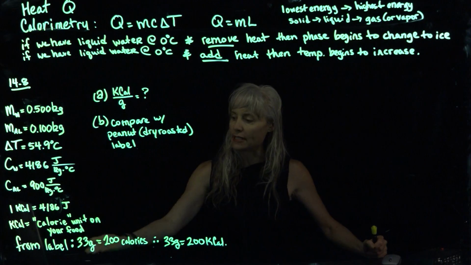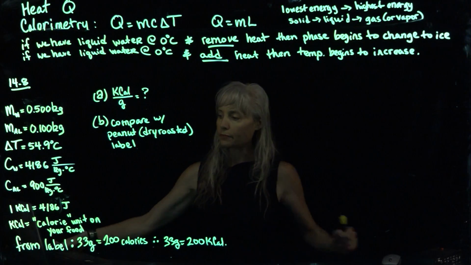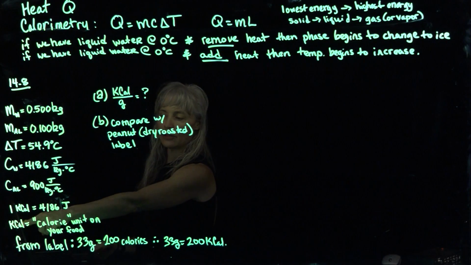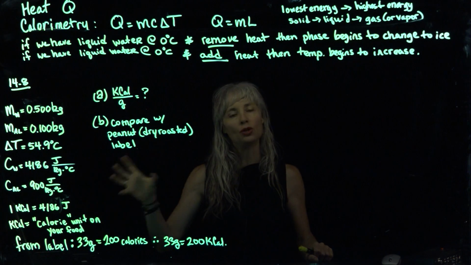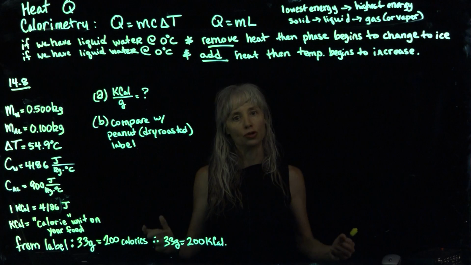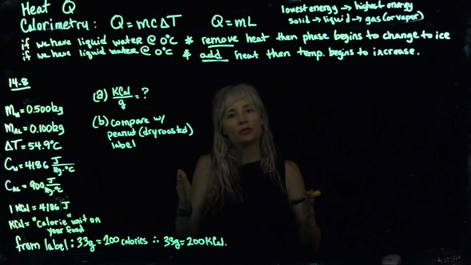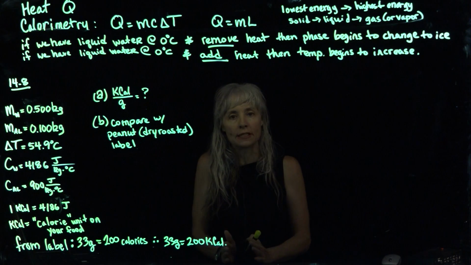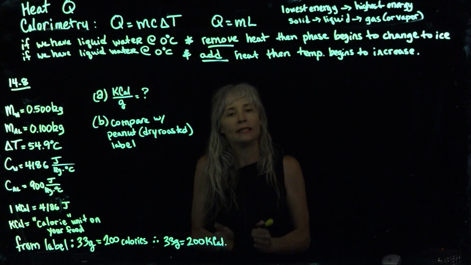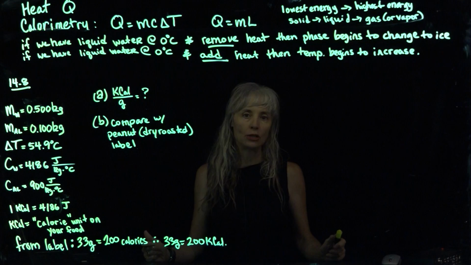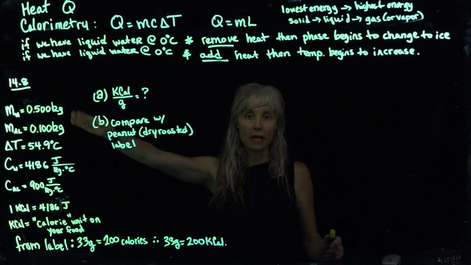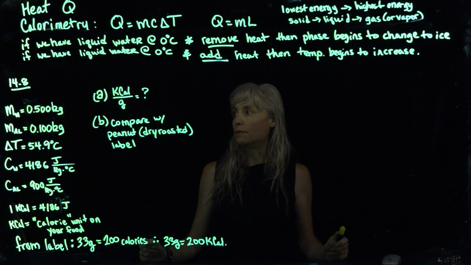So I have that written down here on the bottom, that the kilocalorie, kcal, is the same as the calorie unit you find on your food label in your store. So the food labels in stores already have units of kilocalories, but sadly they just refer to them as calories. So I've taken some of the information we're given in the problem and I've summed it up here on the left-hand side of the board.